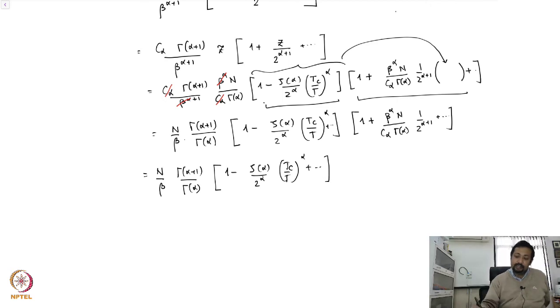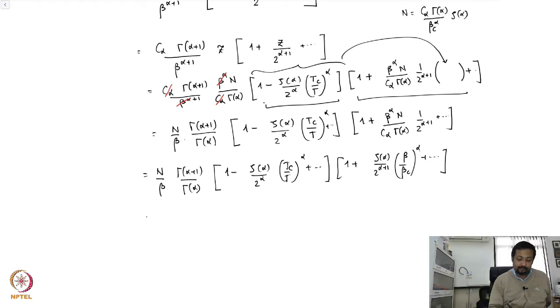And then again you see that n is going to be C alpha gamma alpha beta C alpha zeta alpha. So that n over C alpha gamma alpha is going to be 1 plus zeta alpha 2 to the power alpha plus 1 beta over beta c raised to the power alpha plus higher order terms.